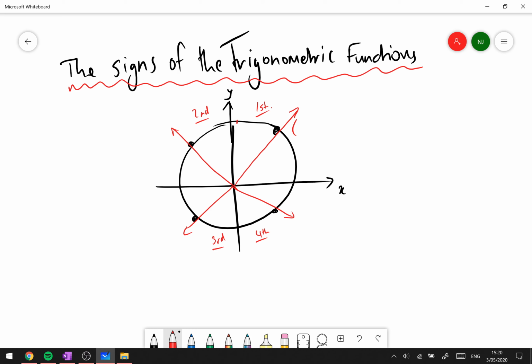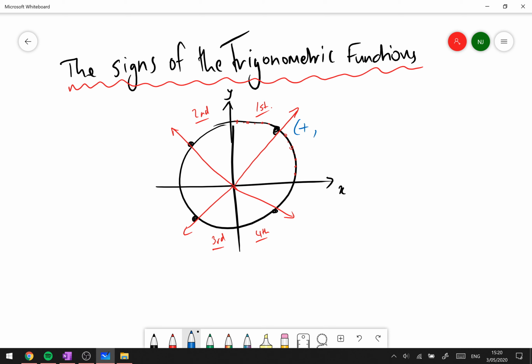So basically, I could take any one of these points between 0 degrees and 90 degrees, and I know two things about them for certain. The first thing is that the x-ordinate will always be positive because it's in the positive part of the x-axis.